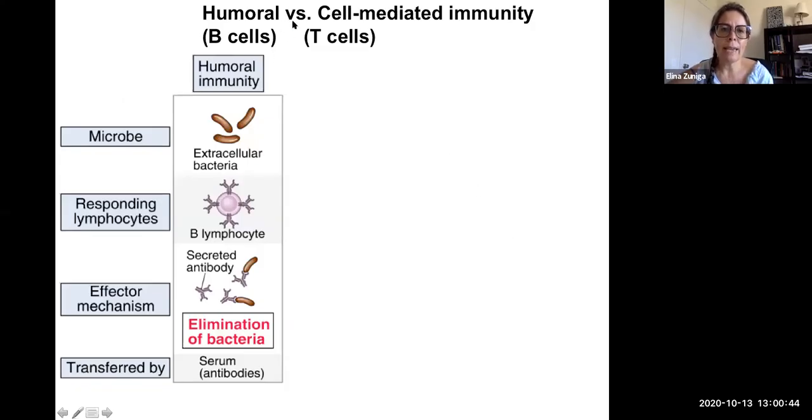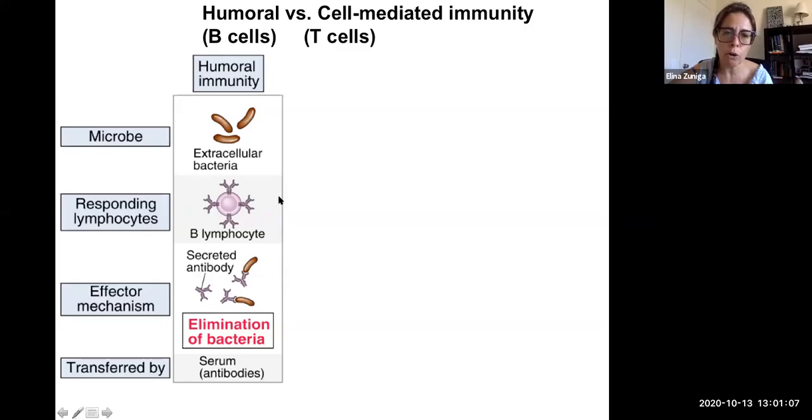So the effector response, or the immune response mediated by B cells, is also called humoral immune response. And so here you have the humoral immune response depicted. This is the microbe, in this case an extracellular bacteria. This is a B cell.